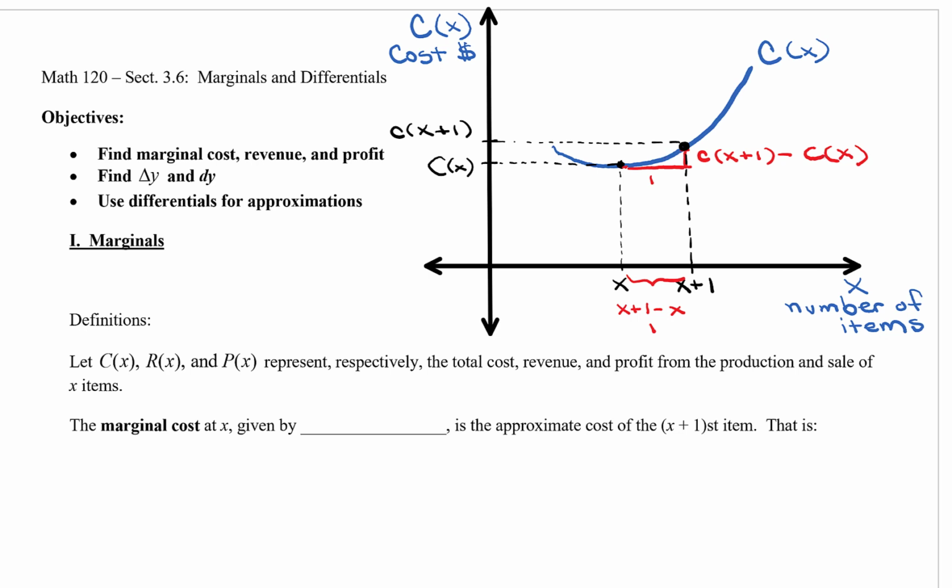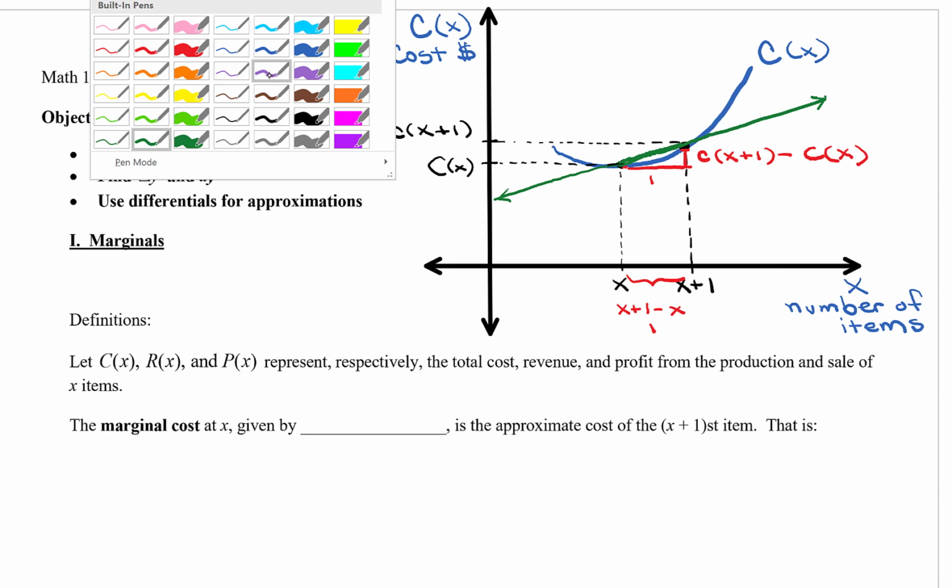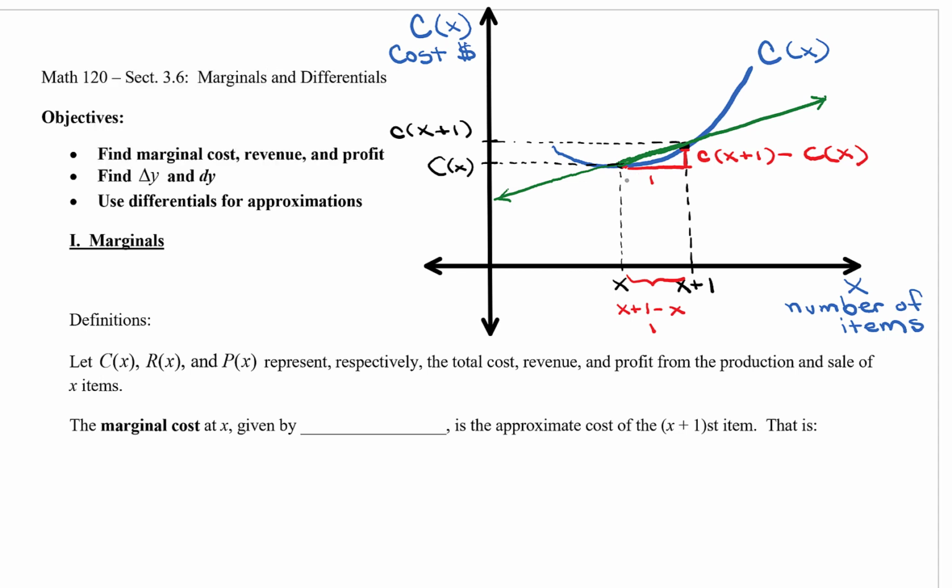I'm connecting these two points so that you can clearly tell this represents a slope triangle, and if I were to extend it, I would get the secant line. Then you could easily figure out the slope of that secant line. It would just be C of x plus 1 minus C of x over 1, rise over run.